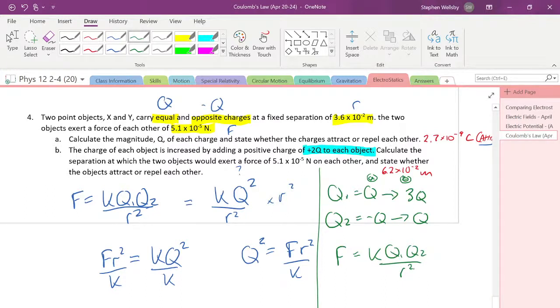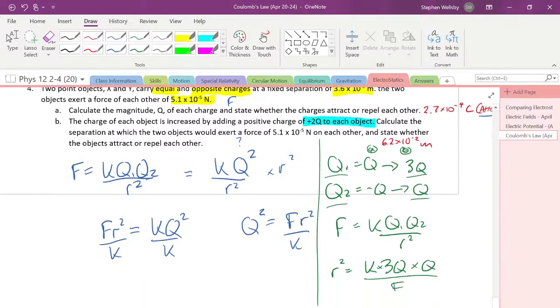I'm going to skip the algebra, you can do that on your own, but R squared is going to equal K times 3Q times Q, because that's what our new ones are. So Q1 is going to be 3Q, Q2 is going to be Q. Multiplying K, Q1, Q2 gives me K times 3Q times Q divided by F, and we can solve for it there.